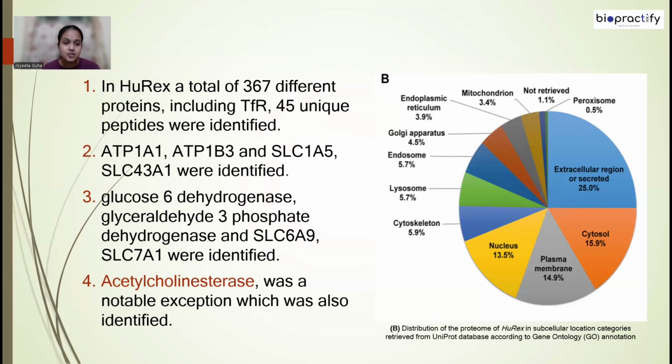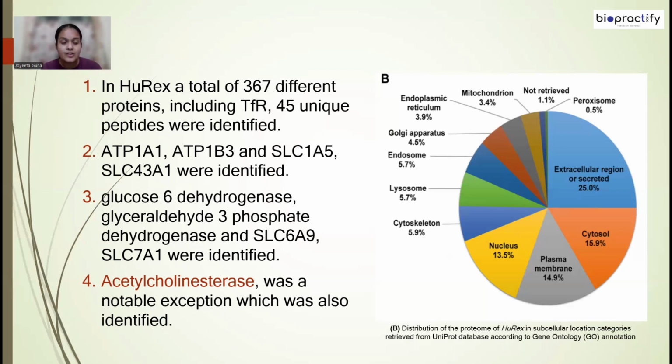Glucose 6 phosphate dehydrogenase, glycerol 3 phosphate dehydrogenase, these are enzymes, we all know. And SLC6A9, SLC7A1, what are these? These are glucose transporters which were found in the exosomes, which were removed from the reticulocytes when they were maturing into erythrocytes.